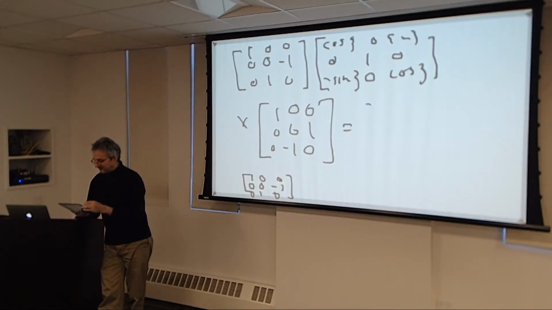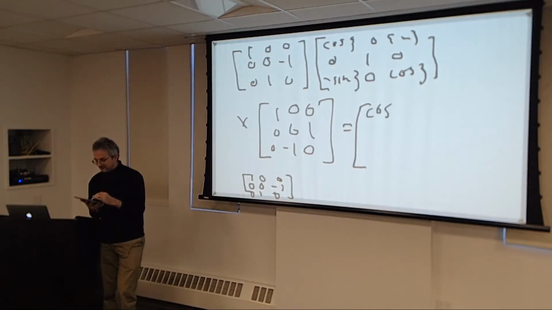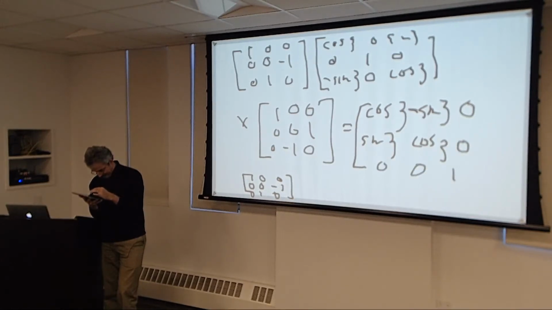And when I do that, what I get is cosine zeta, sine zeta, 0, this one's a minus sine zeta, cosine zeta, 0, 0, 0, 1.